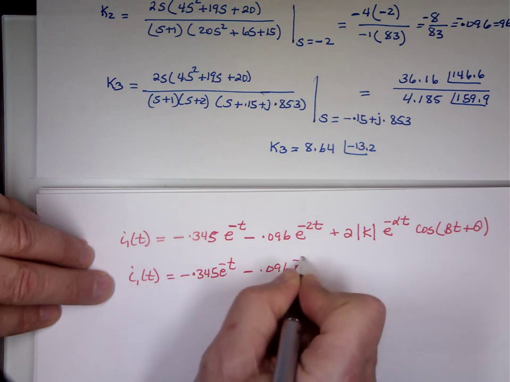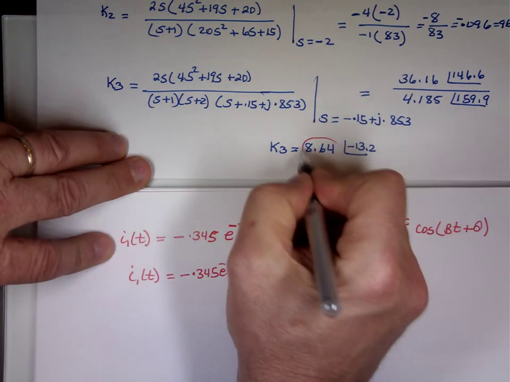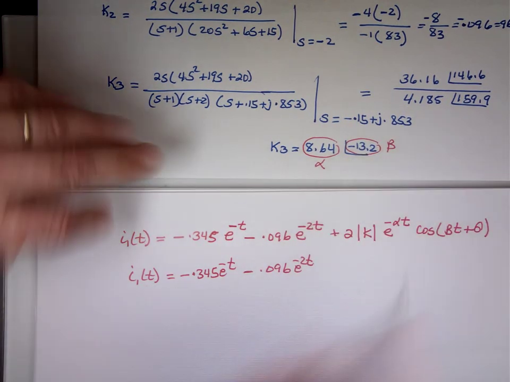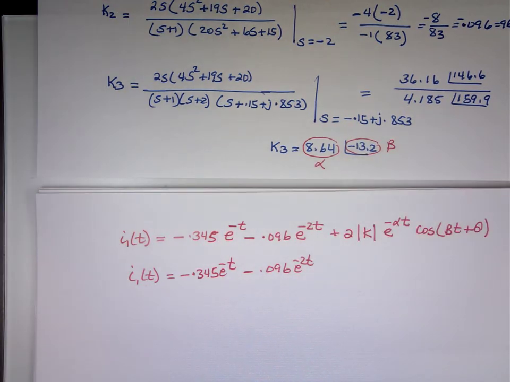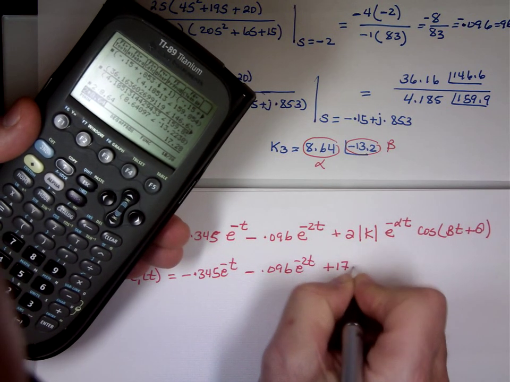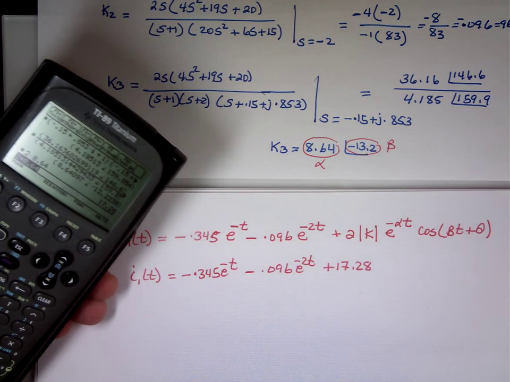2 times alpha. Alpha is, this is your alpha, this is your beta. 2 times 8.64, 17.28. Oh, 2k. K, yep. That's k, not alpha.